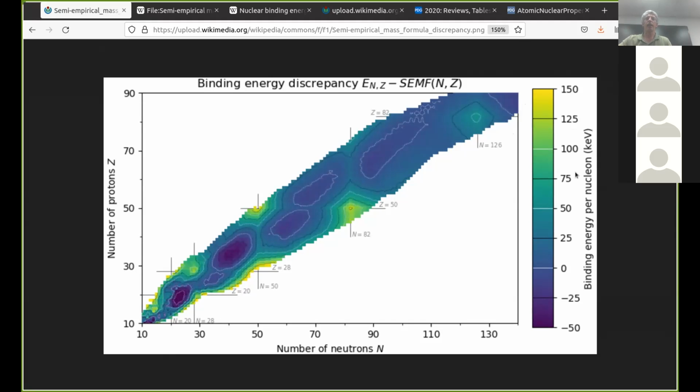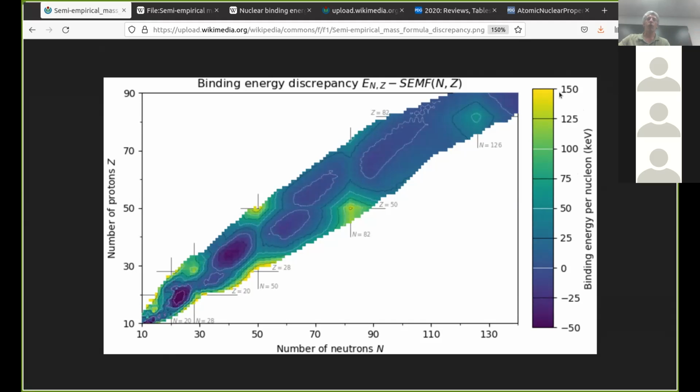But remember the scale. The total binding energy was something up to 8 MeV per nucleon. And the scale here is 0.15 MeV per nucleon, right? So we are off by just 0.15 in 8.